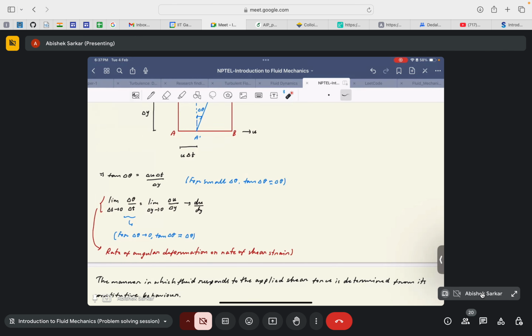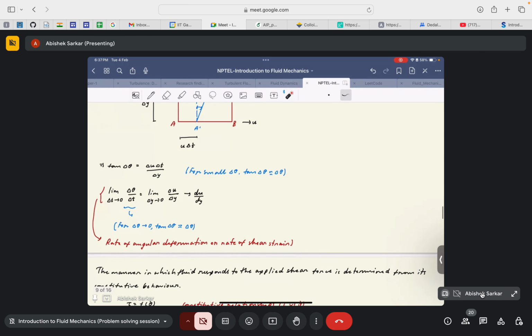Dividing by delta t gives delta u by delta y, and taking limits as delta y tends to 0 on the right hand side and delta t tends to 0 on the left hand side, we can write it as the rate of change of these parameters.